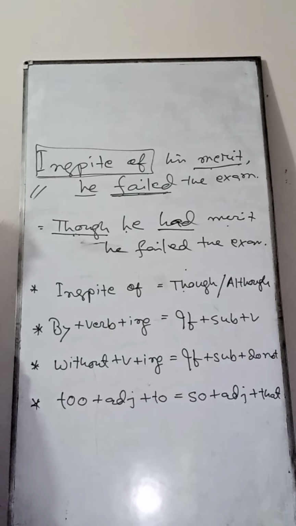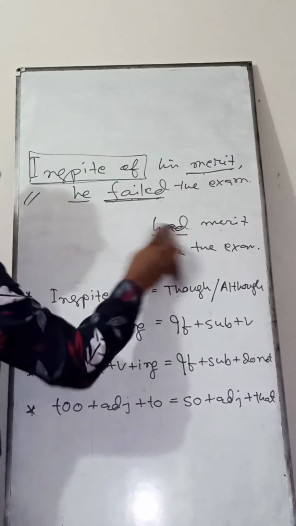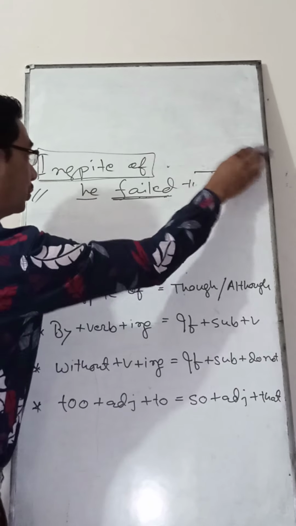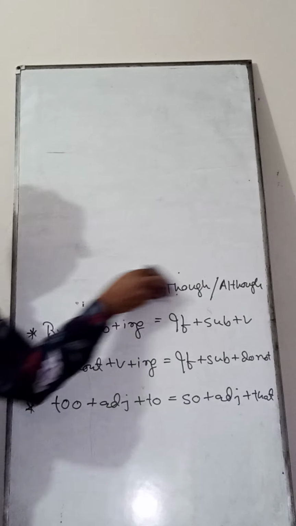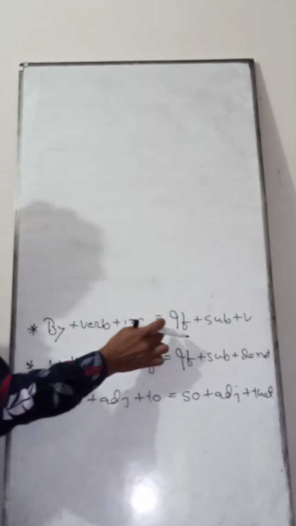This is another important rule, and you will find it in the maximum of question papers. Now I am going to discuss rule number 4, by plus verb plus ing, and you have to change this simple sentence to complex by adding if plus subject plus verb.